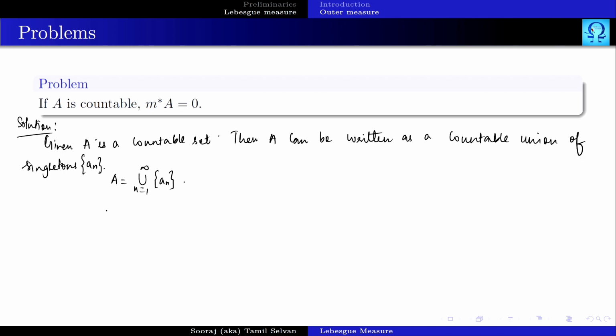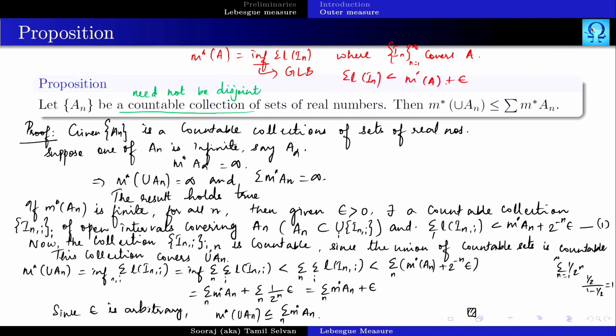So what was the proposition that we saw previously? This quantity happens to be true.